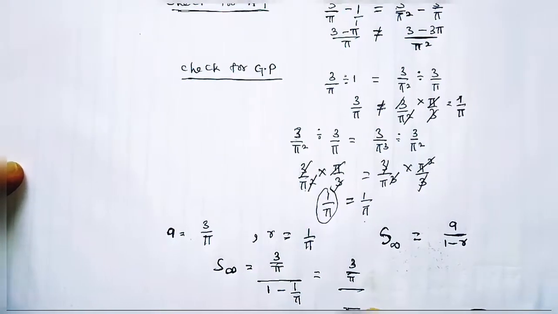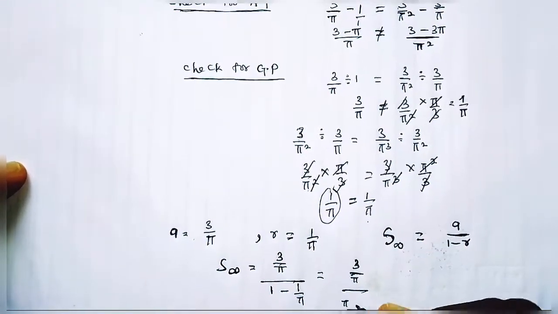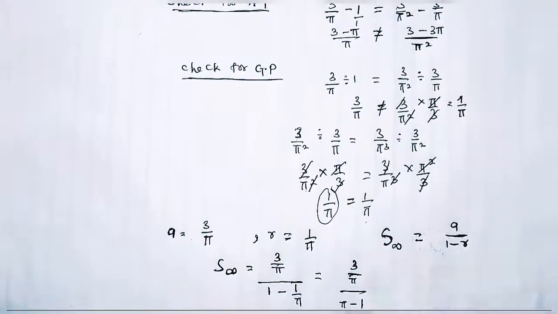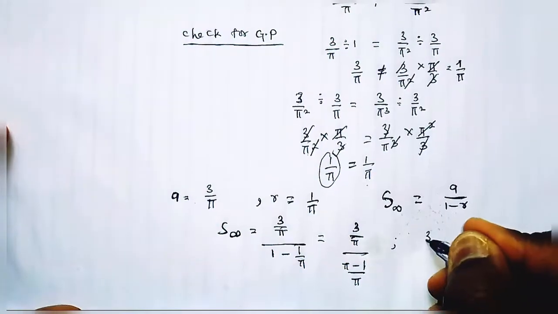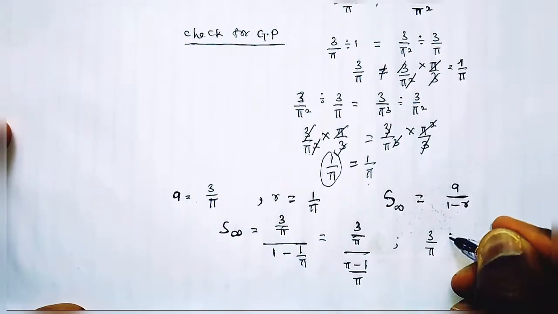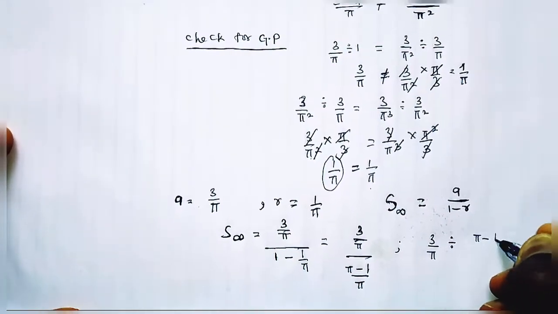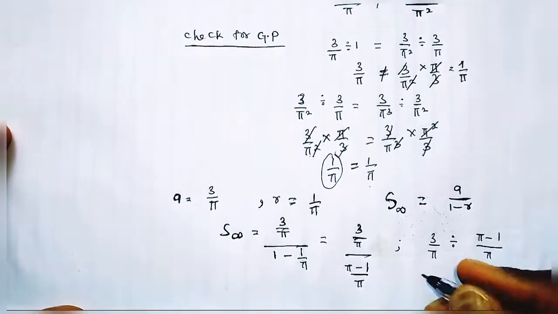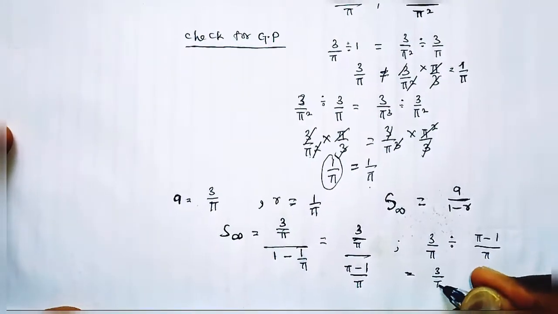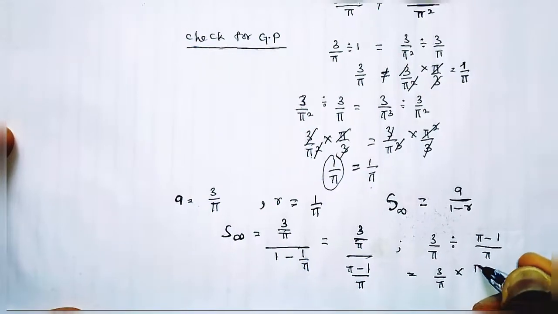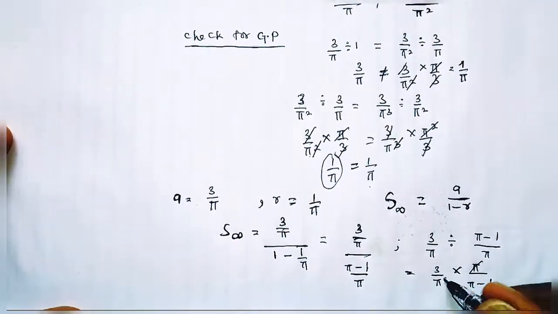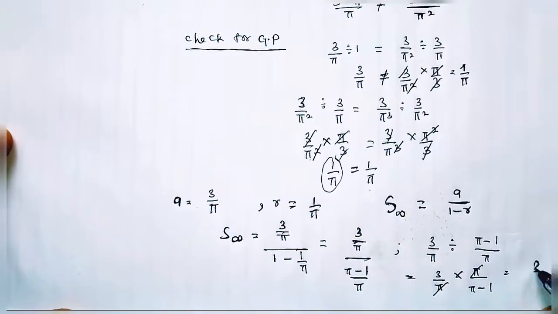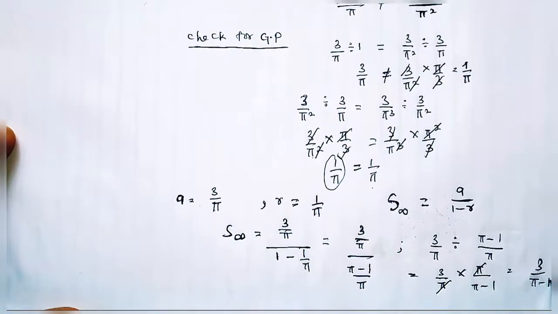This gives me pi minus 1 over pi. So this gives me 3 over pi divided by pi minus 1 over pi. So certainly this gives me 3 over pi times pi over pi minus 1. Pi cancels out pi, so I'm left with 3 over pi minus 1.